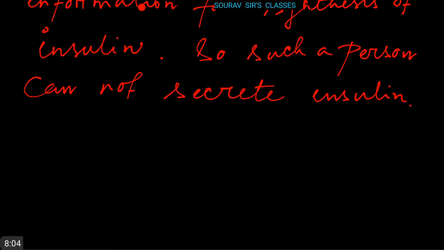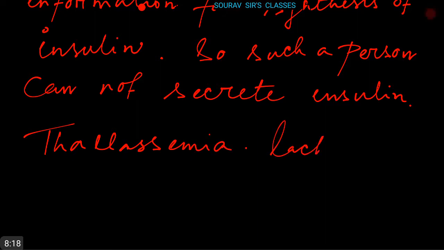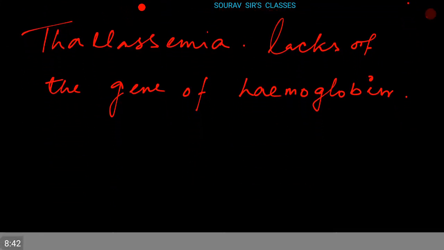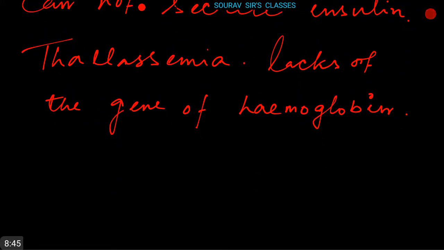Now, take another example, such as a person suffering from thalassemia. In thalassemia, a person lacks the gene for hemoglobin and can survive only through frequent blood transfusions.